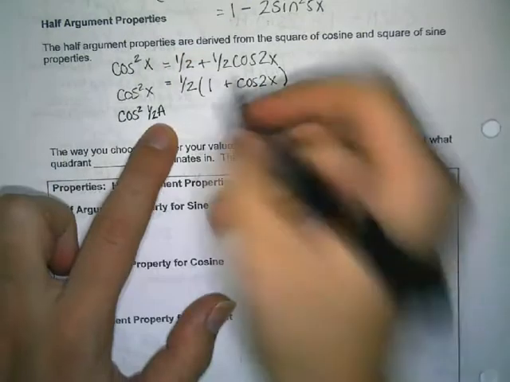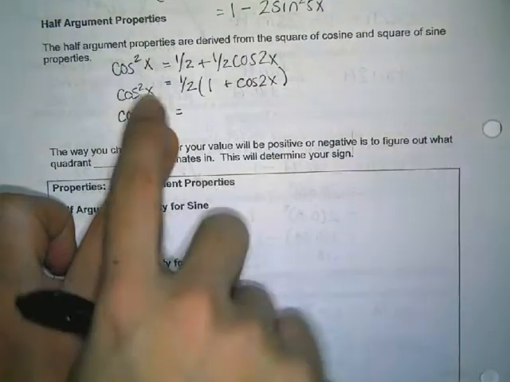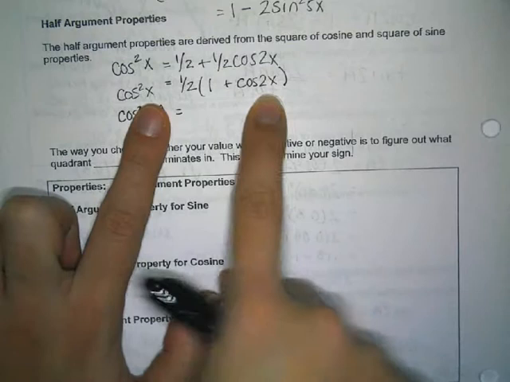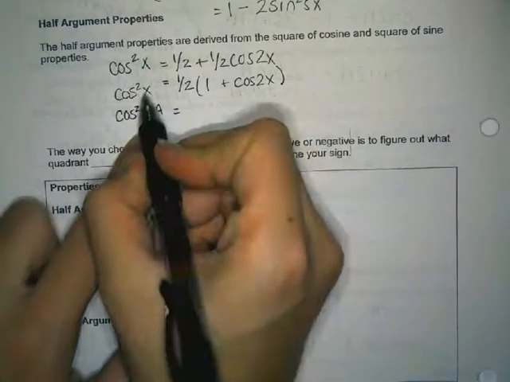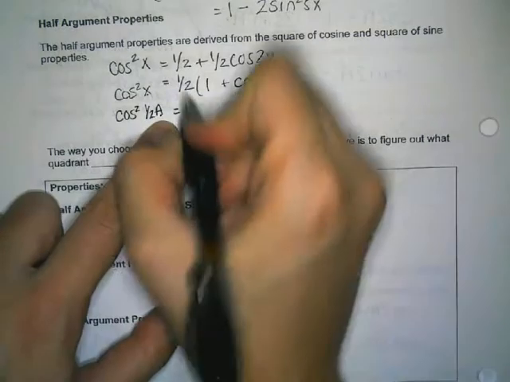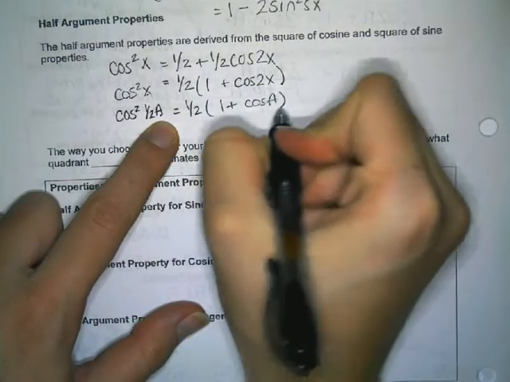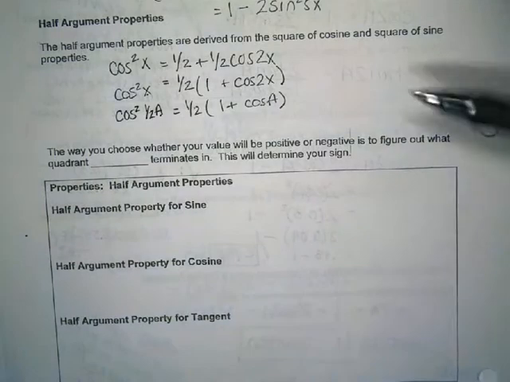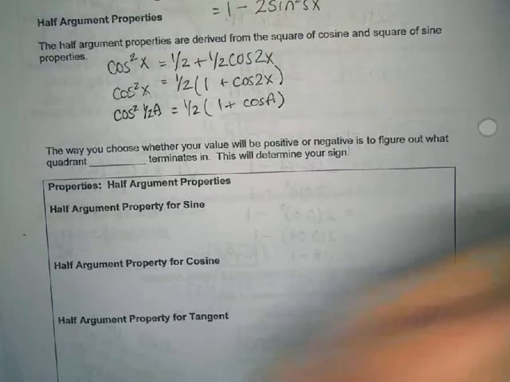How's it half though? 2x, x is half. 1x is half of 2x, right? Just one has to be half the other. So this is 1/2 of this other argument. This is actually more what the property would look like. They wouldn't write it as 2x and x. They'd write it in terms of like 1/2 the other.